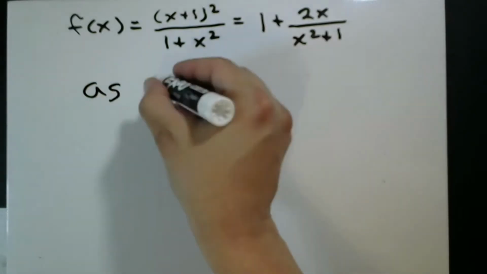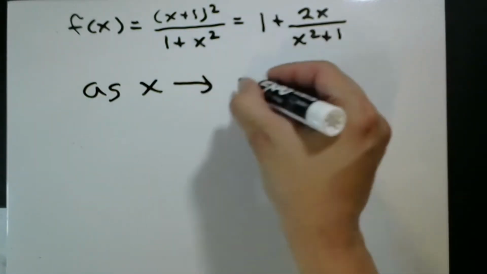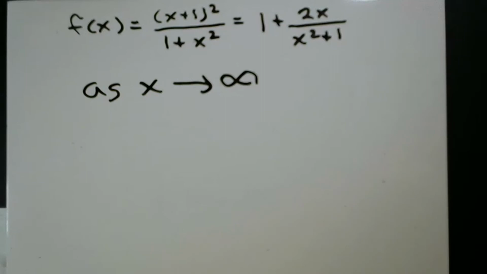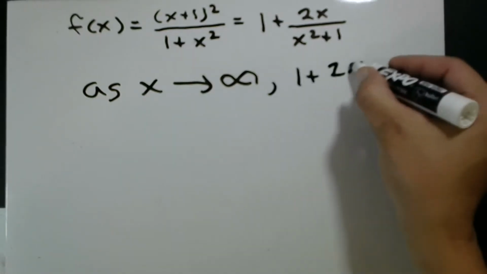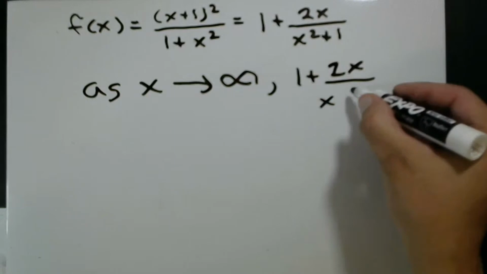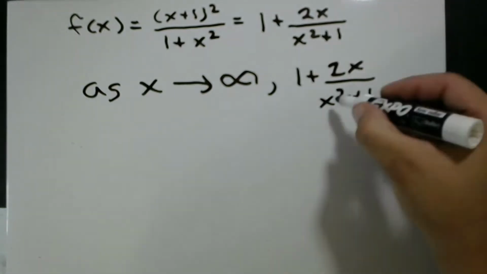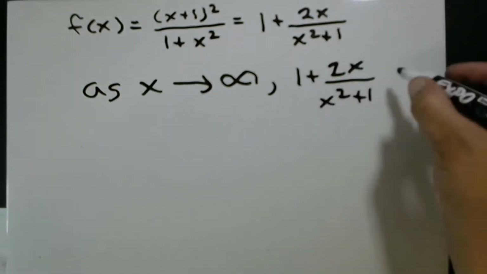So as x goes to positive infinity, then 1 plus 2x over x squared becomes practically 0.